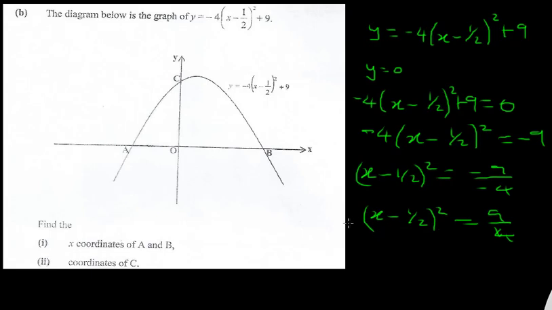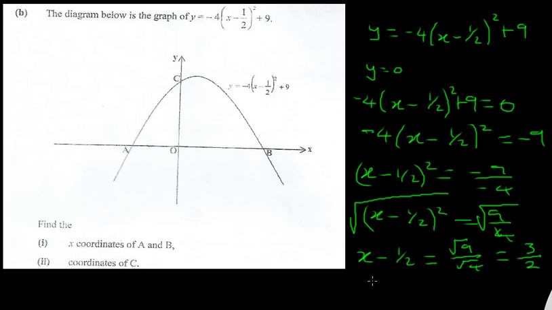And we can introduce the square root on both sides of the equation. And we would have x minus 1 over 2, the square and the square root disappear, and we would have root of 9 over root of 4, and this is simply equal to 3 over 2. So we would have x equals 3 over 2 plus 1 over 2. Well, this is plus or minus.